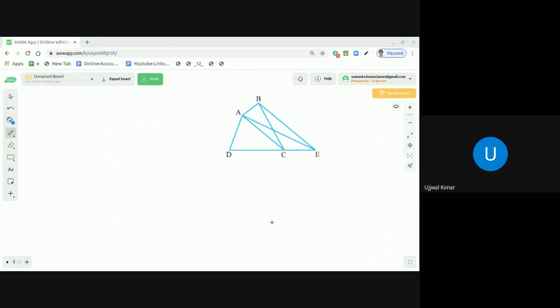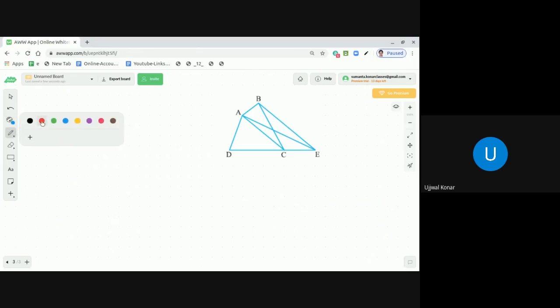As you see in this diagram, ABCD is a quadrilateral, and BE is parallel to AC. Also BE meets DC produced at E. Let me write it down.